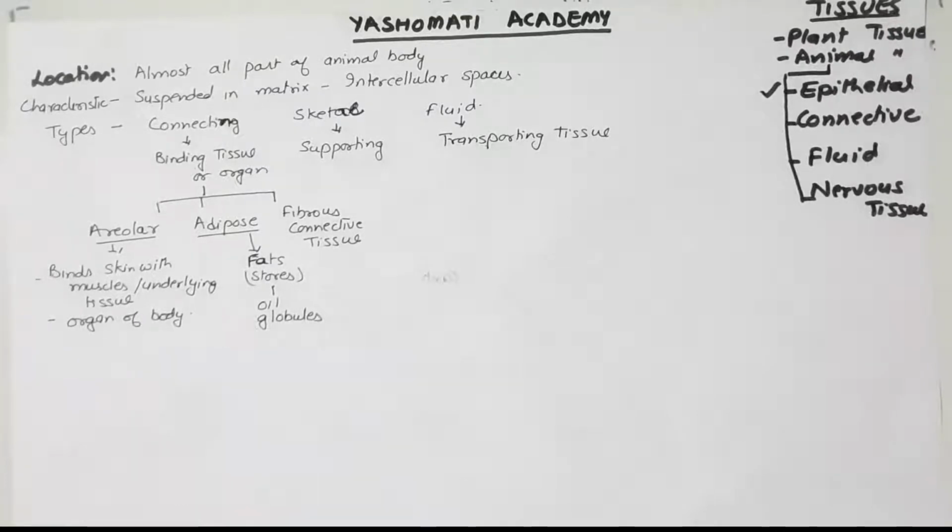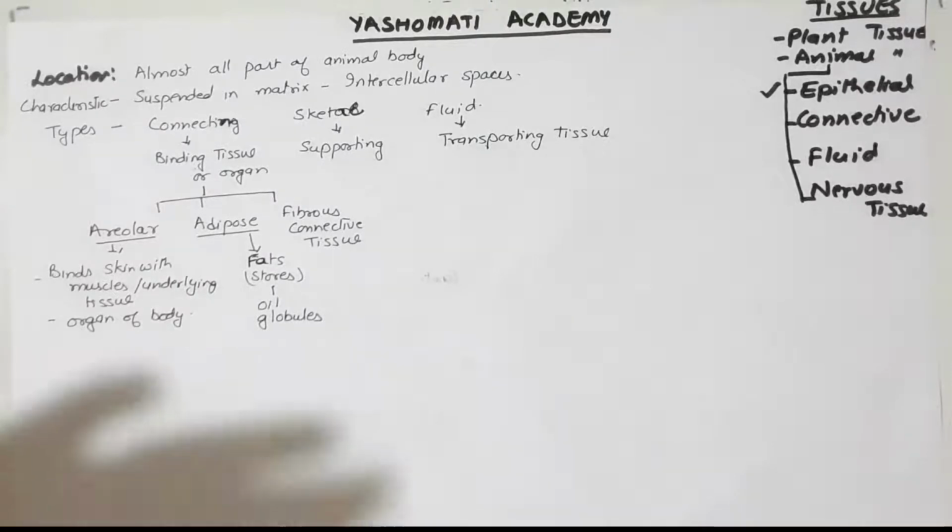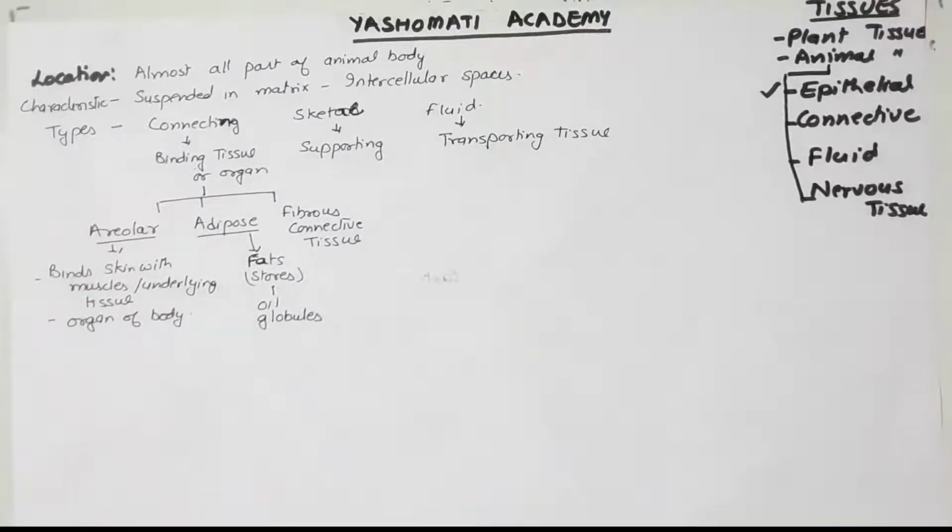And when the fat is lost from the body, maybe due to some adverse conditions when you are not getting enough food or when you do some exercises, then that fat which is present in the adipose tissue, that is consumed, and because of that, size of the cell decreases or size of the cell shrinks and the person becomes thin. So that was just an additional information for you, that why we become fat or how we can become thin.